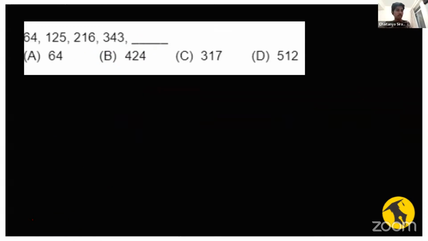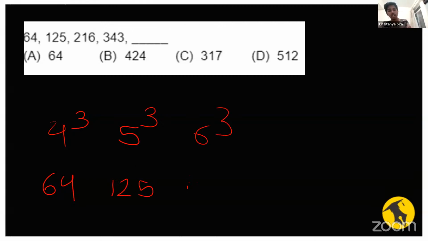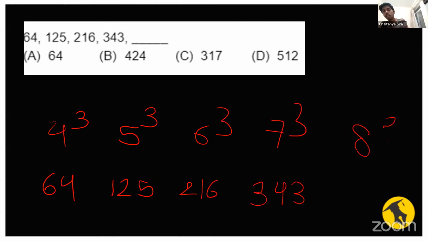Okay, this one, again, it's a cube series. 4 cube is 64. 5 cube is 125. 6 cube is 216. 7 cube is 343. So the next term should be 8 cube, which is 512.